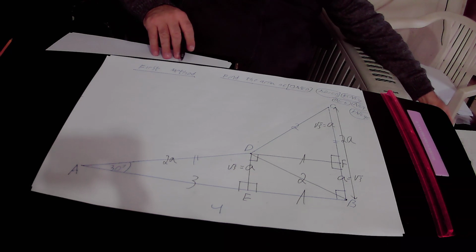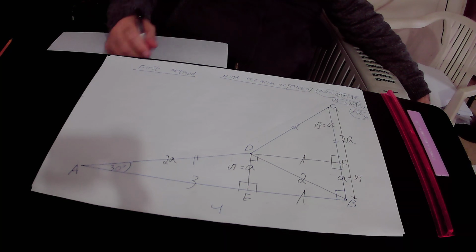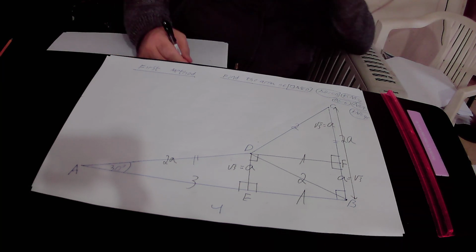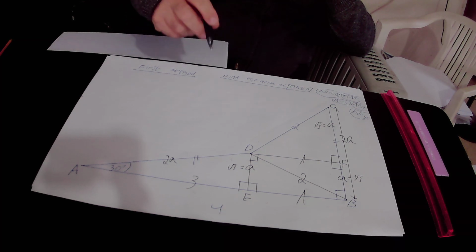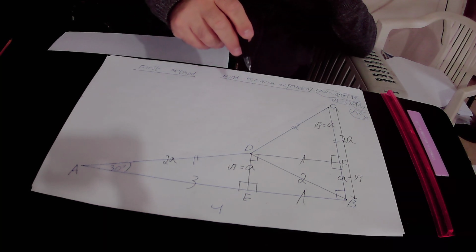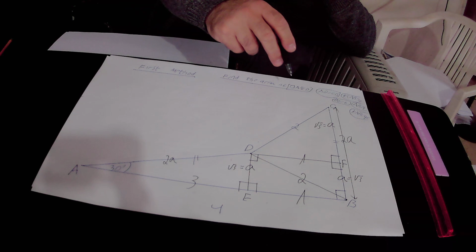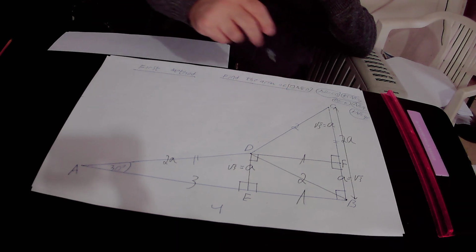The area of quadrilateral ABCD will be equal to the area of triangle ADE, that is the right triangle, plus the area of quadrilateral DFEB, plus the area of triangle CFD, this right triangle.